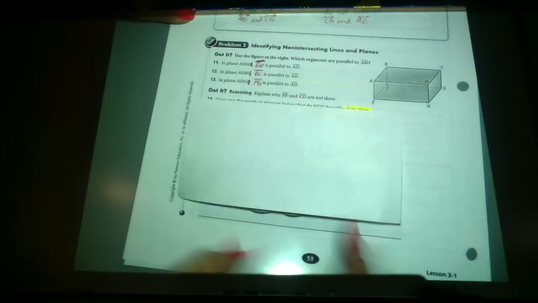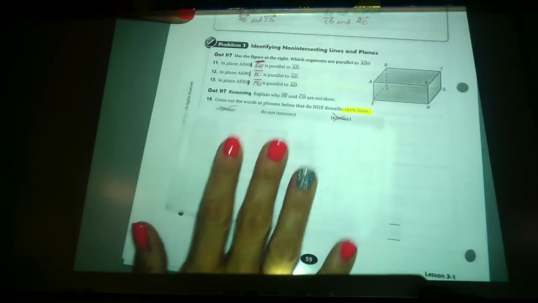And then we want to go on to explain skew lines. So remember, skew lines are not in the same plane, so they're non-coplanar, so coplanar should be crossed out. Like parallel lines, they don't intersect, so you want to cross out intersect. And they are specifically in the definition termed not parallel lines, so parallel should be crossed out.